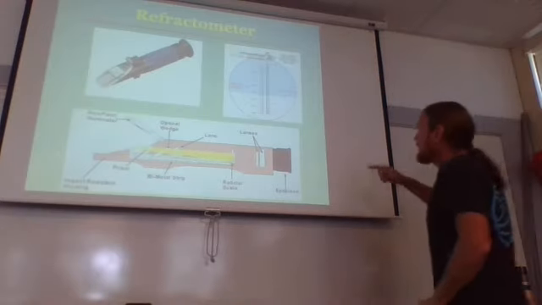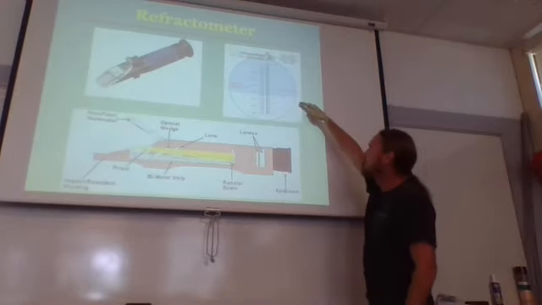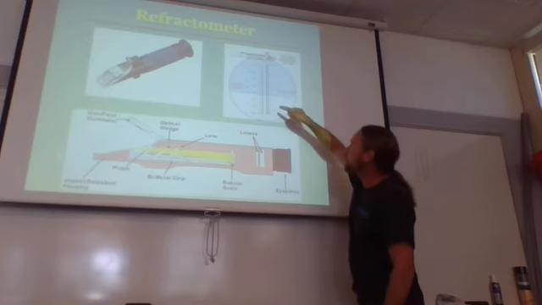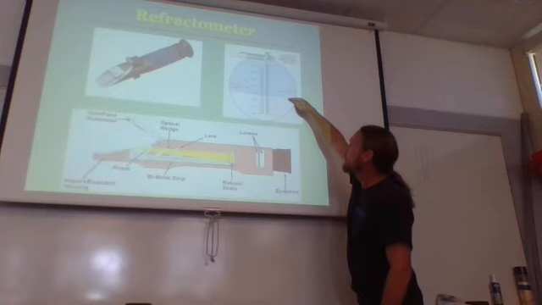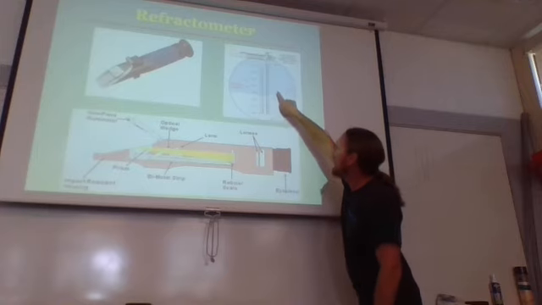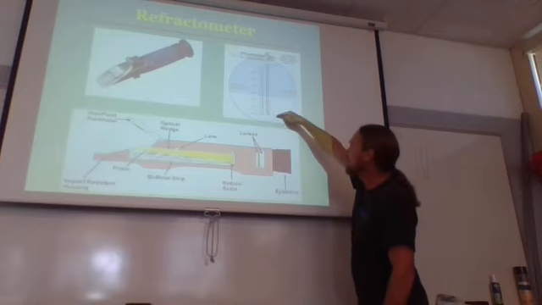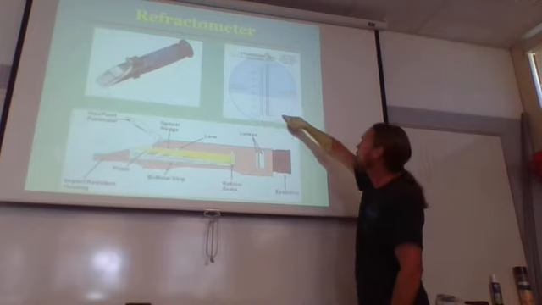It casts a shadow here based on how much bending takes place. Wherever this line is between blue and white is going to show your salinity. So the more it bends, the higher up this line is going to be. The less it bends, the lower it's going to be. If you have fresh water, it's going to be right down at the bottom.